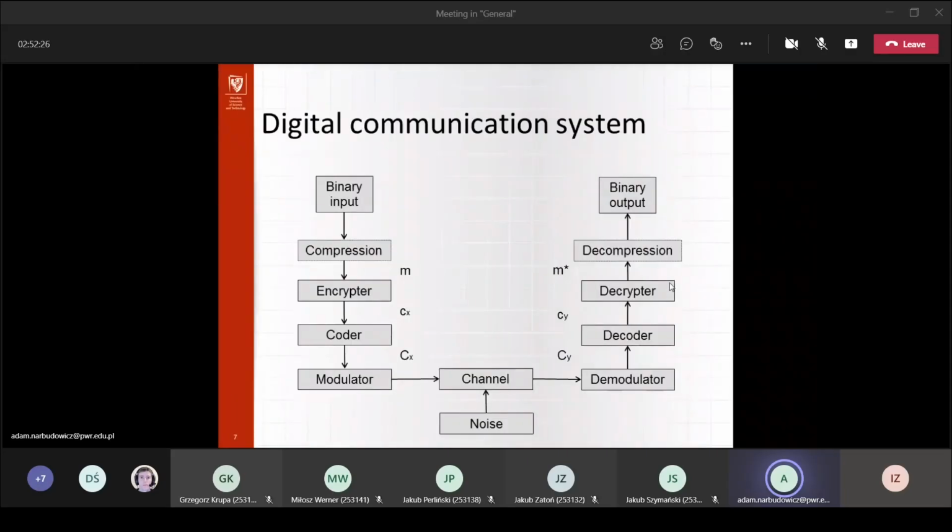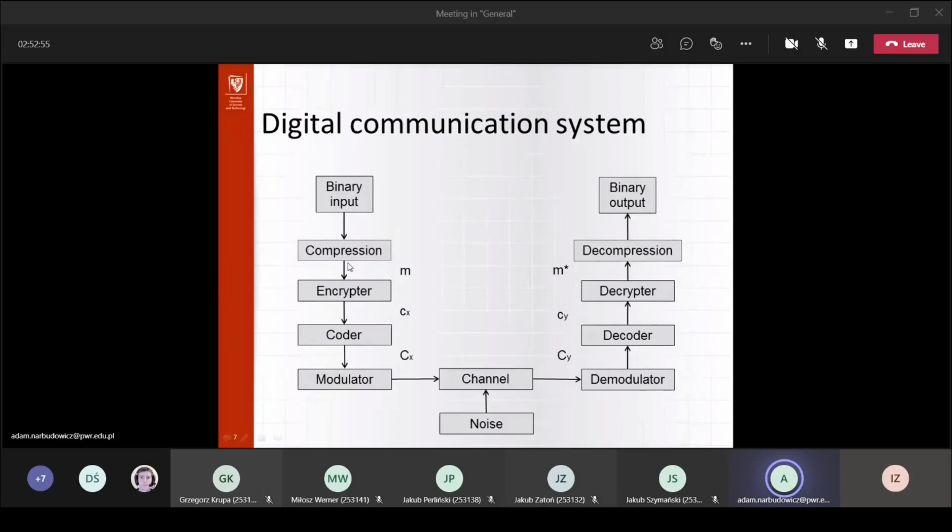Again, this is a digital communication system, and it's pretty much the same graph that we showed earlier, with the difference that we broke up the coder into encryption and compression.